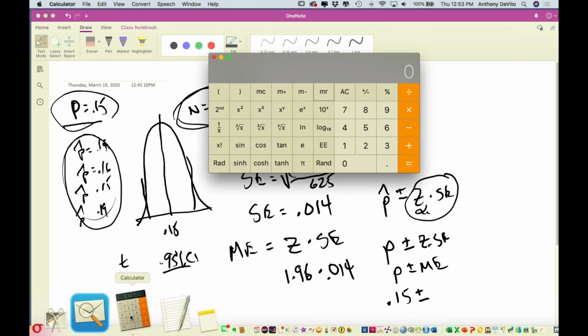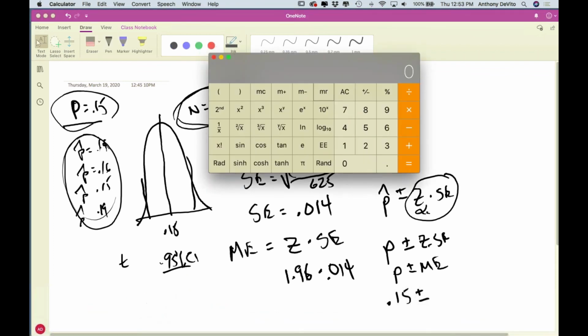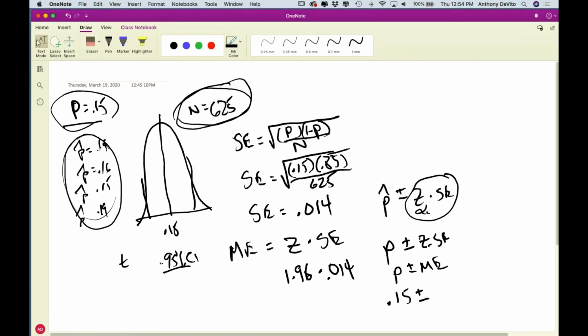Oops, I lost it. Let's see if we can record it. 0.028 plus or minus 0.028. So what would that be?